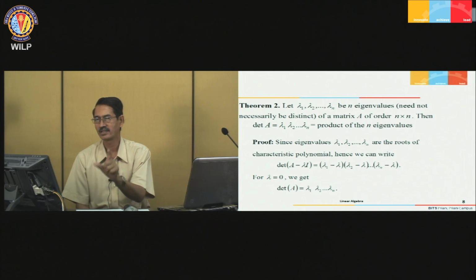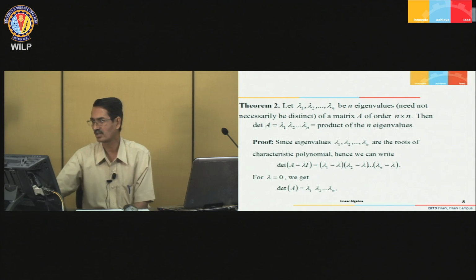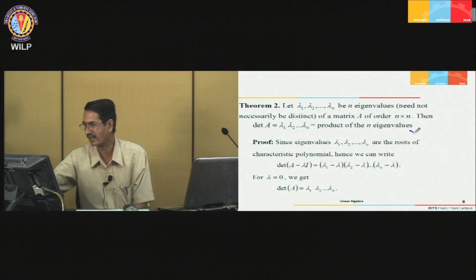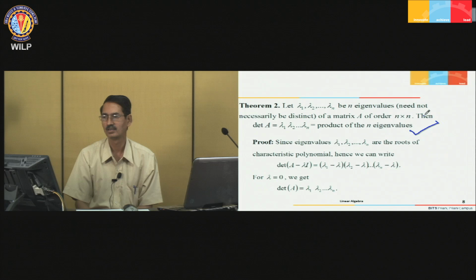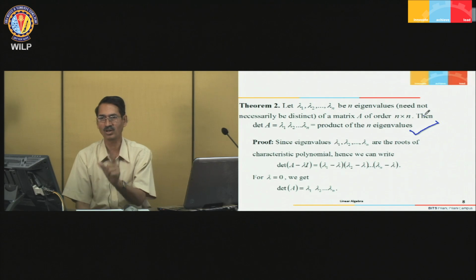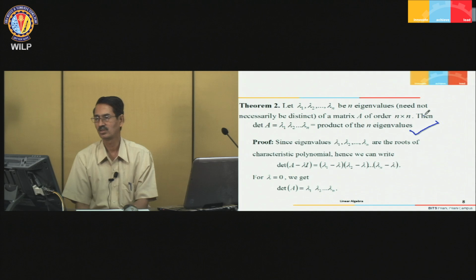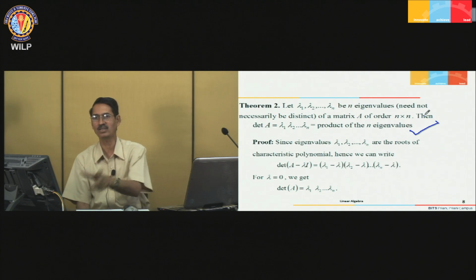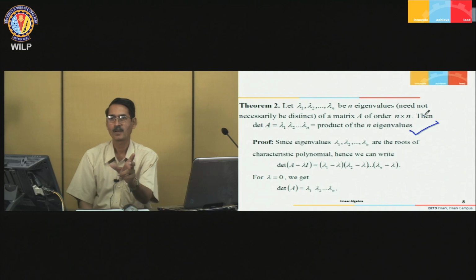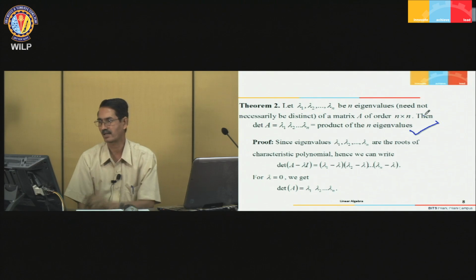Then the determinant of the matrix is the product of the n eigenvalues, lambda 1 into lambda 2 into lambda n. So, if you know all eigenvalues of a given matrix A, you know the determinant of the matrix also. Just multiply all eigenvalues and you will get the determinant.